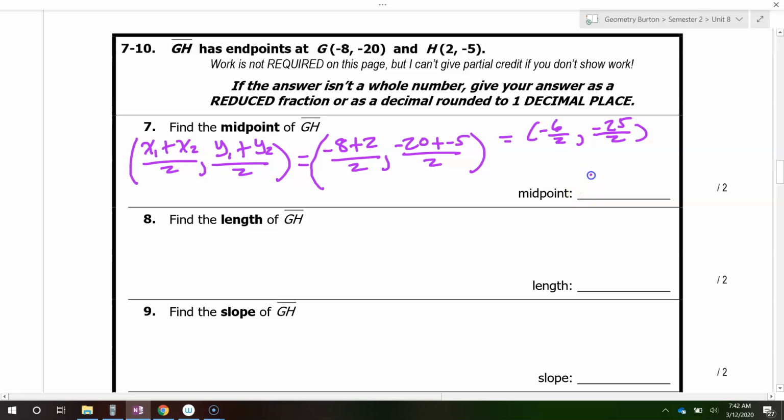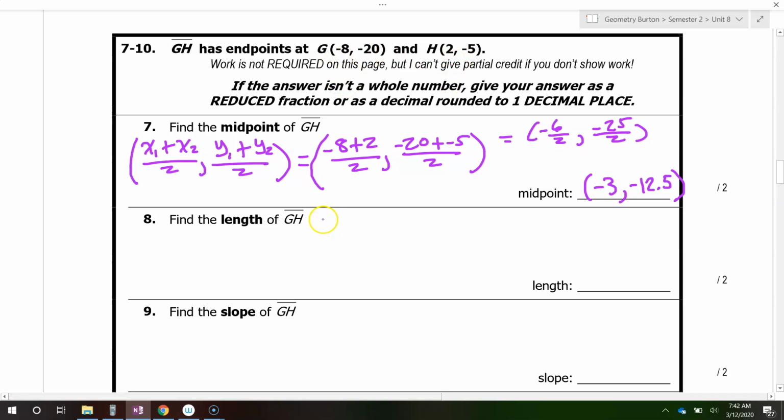And so the bottom line is we will have negative 3 and negative 12.5. All right, so that is the midpoint of this segment.